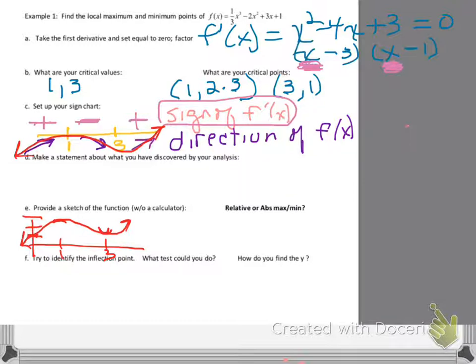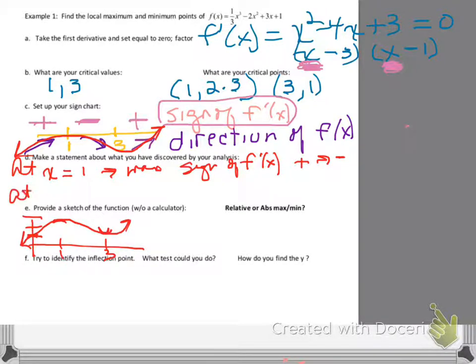So I need to make a statement because I can never just use a sign chart. So I would say that at x equals 1, that yields a max because the sign of f prime of x went from positive to negative.